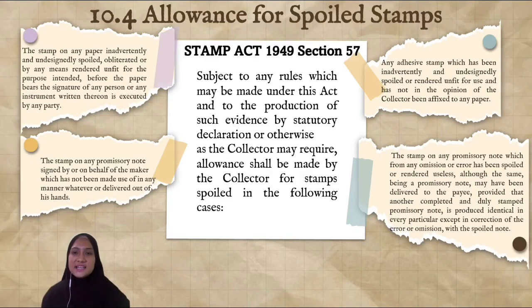And lastly, the stamp on any promissory note that has been ruined or rendered useless by omission or error, even if it has been given to the payee, provided another complete and duly stamped promissory note is produced, identical in every respect but for the error and omission, with the spoiled note.